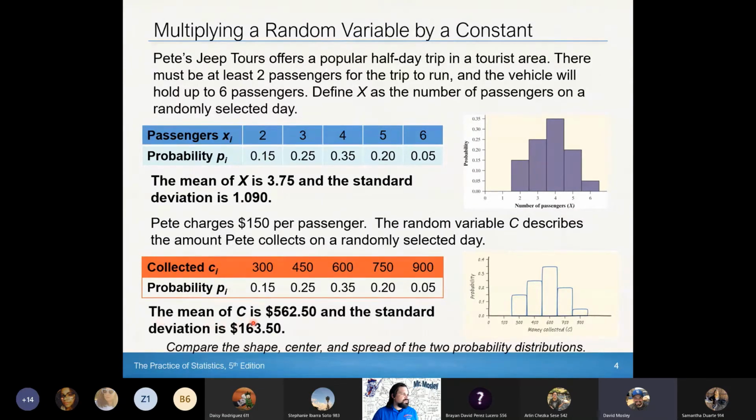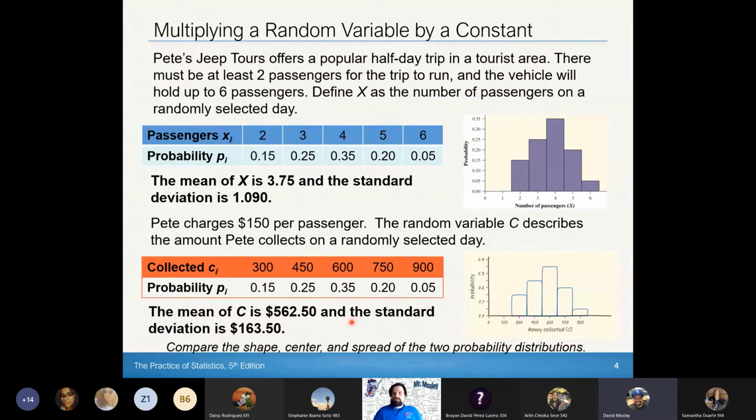We also get that the mean of C is 562.50 and the standard deviation is 163.50, which we obtained simply by multiplying the mean of X by 150 and the standard deviation of X by 150. Right? And that gave us our new mean of C and standard deviation of C. So we're seeing this pattern, right?